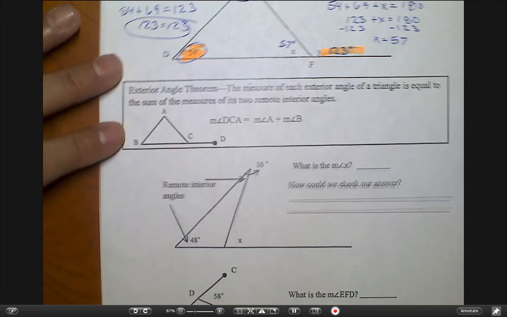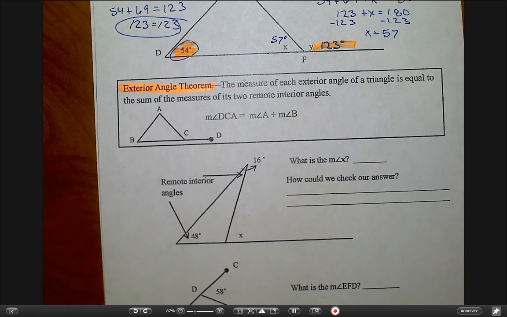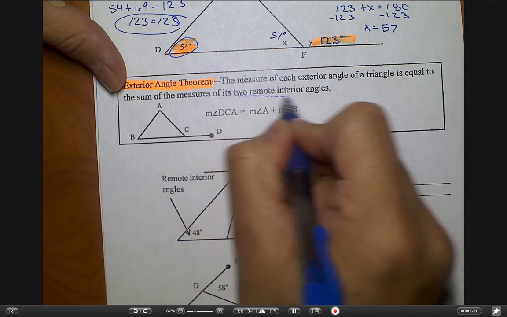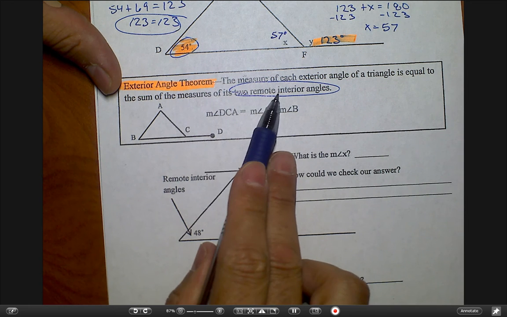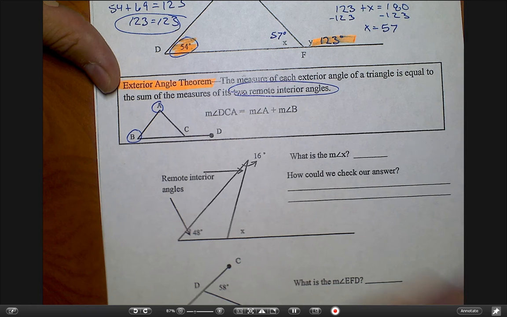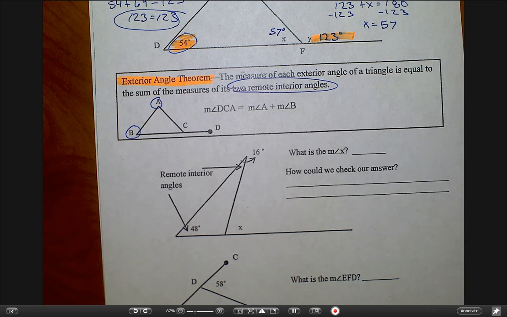So here's the whole formula right here. The measure of each exterior angle of a triangle is equal to the sum of the measures of the two remote interior angles. So my remote interior angles here are A and B, and that's going to be equal to C, because C is on the outside.